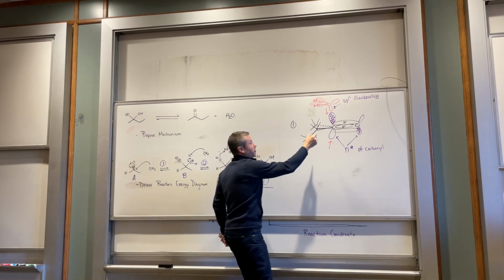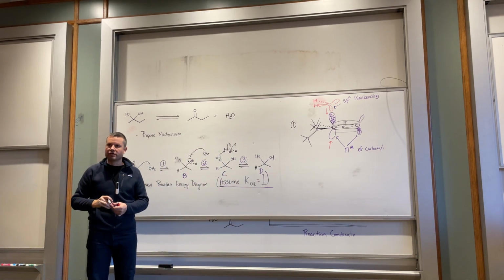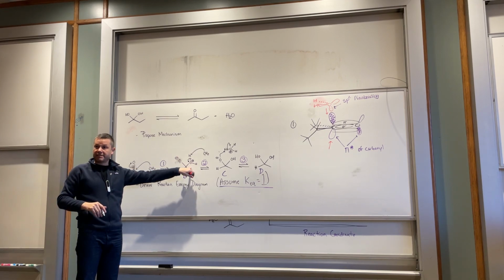The antibonding orbital that we have to interact with on the carbonyl is a lot more hidden, harder to get to than the antibonding orbital that we would have to interact with during acid-base chemistry.